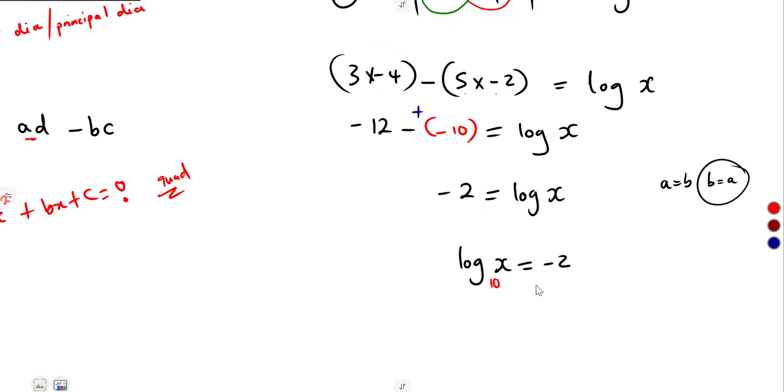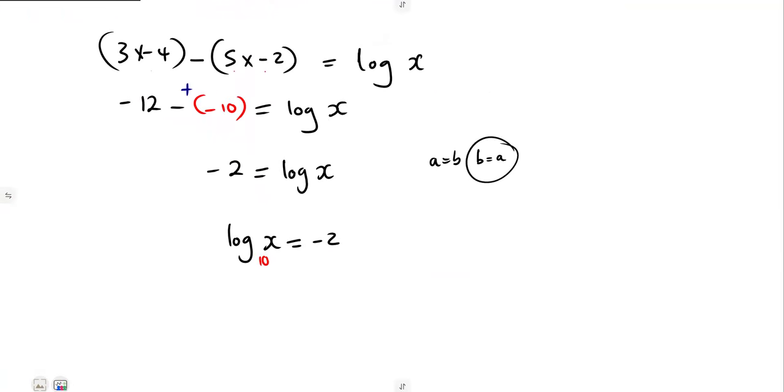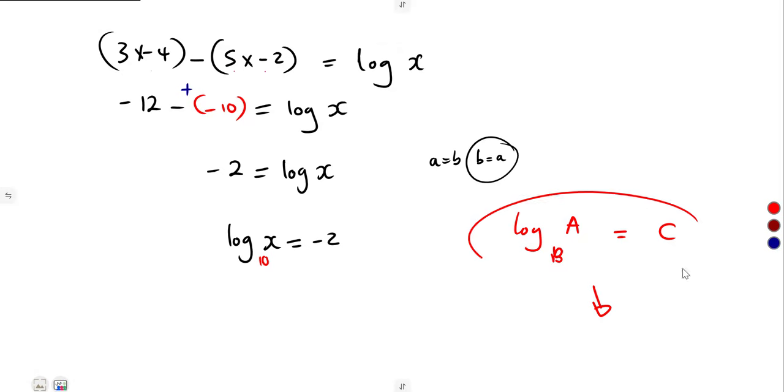Why is it important that you must know about the base? Because a logarithm can be converted to exponential form. Log A in base B equal to C is the log form.